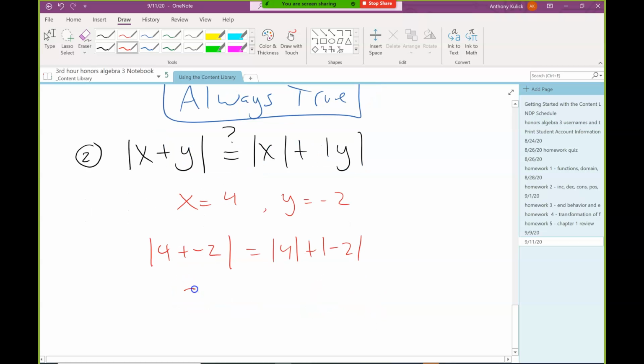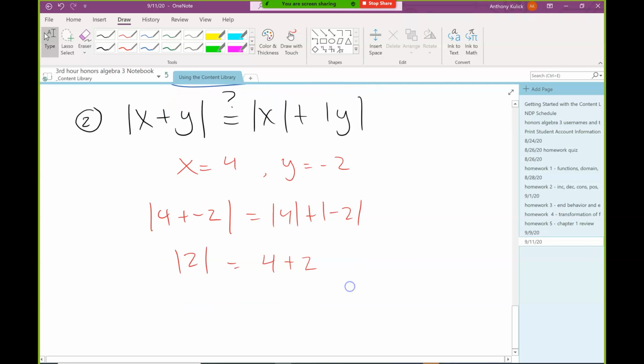So 4 plus -2 is 2. And absolute value of 4 is 4. Absolute value of -2 is 2. And we have that they are not equal in this case. So we've eliminated the possibility of this always being true. Is this ever true?